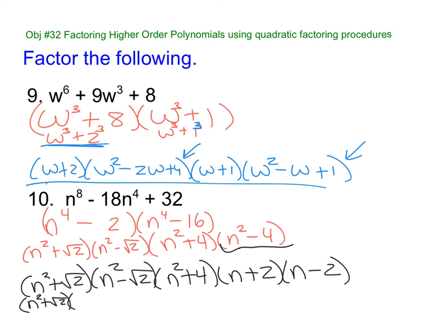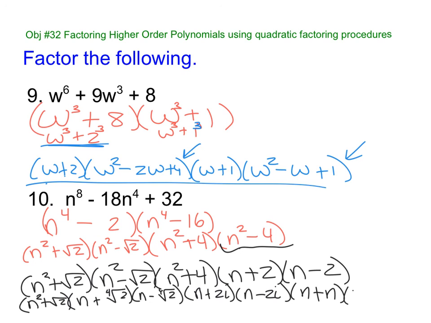For n squared minus the square root of 2, it would be n plus the 4th root of 2, n minus the 4th root of 2. And then for n squared plus 4, you could do n plus 2i, n minus 2i, n plus 2, n minus 2. Oops. That's the most intense version. If you want to go for it, you don't have to.